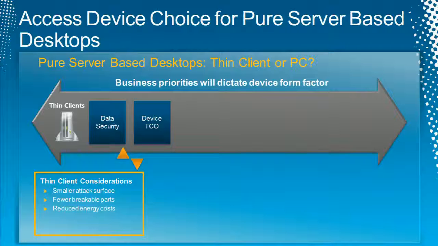If that's important to you, get the lowest TCO possible. You want to think about deploying actual thin clients, because these things don't suck a lot of power. They sip power. They're very efficient. They have a small attack surface, and they're rugged. They're more rugged than PCs, okay?